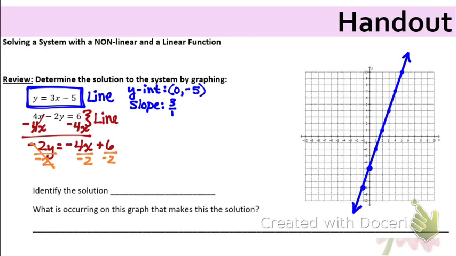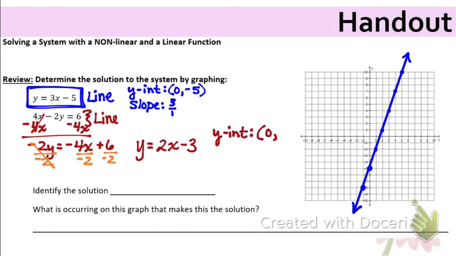What is negative 4x divided by negative 2? 2x, because I have a negative divided by a negative. What about 6 divided by negative 2? Negative 3.